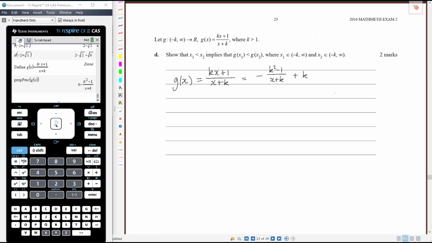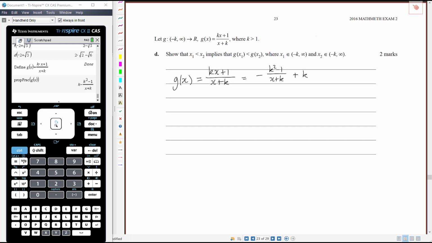So it's a hyperbola with a translation to the left by k and a translation up by k, and the negative at the front here suggests that it's reflected, and it certainly is reflected because k squared minus 1 is going to be a positive number because k has to be bigger than 1, k squared therefore is bigger than 1, k squared minus 1 therefore is bigger than 0.